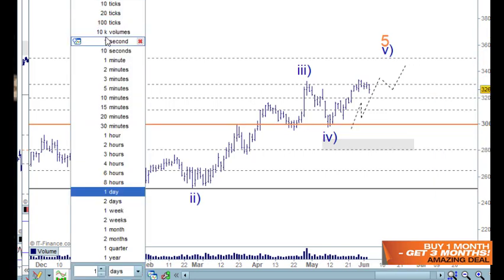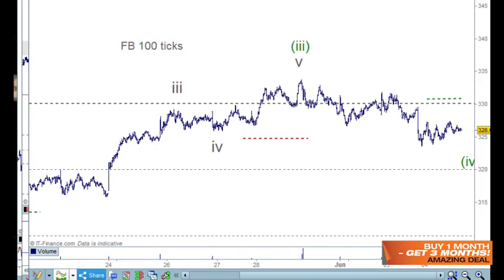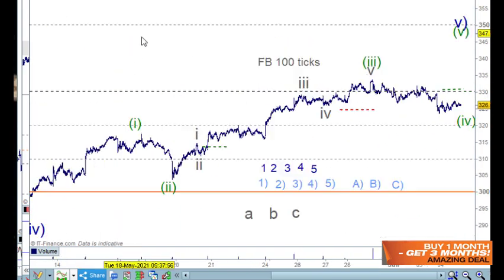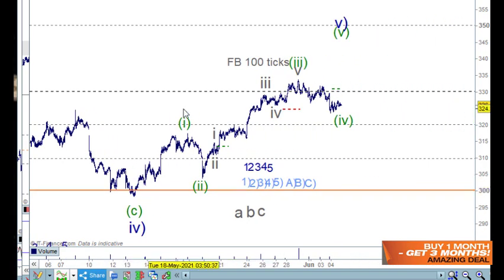So on the tick chart, it will look like this. From wave 4 here, we'll need to label this 1 and 2, and wave 3 up here, and wave 4, and then wave 5 moving here.